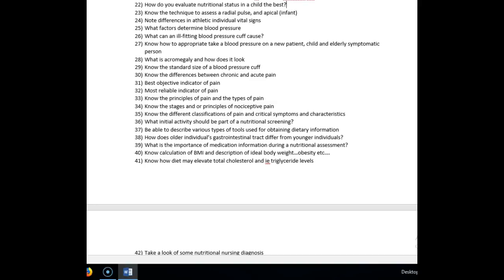I'm trying to think if there is anything that I need to tell you guys about the best indicator of pain. Basically, the best thing or the best person that could tell you about pain would be the individual that's experiencing that pain.